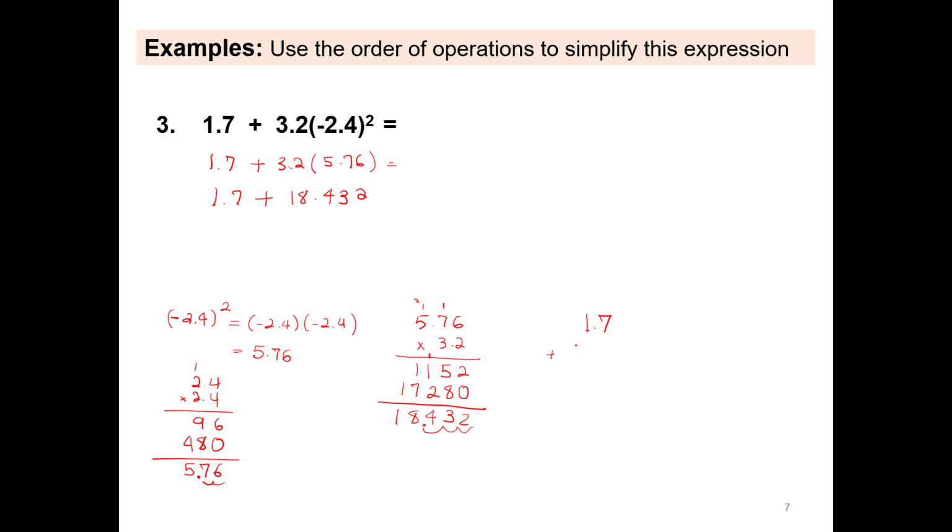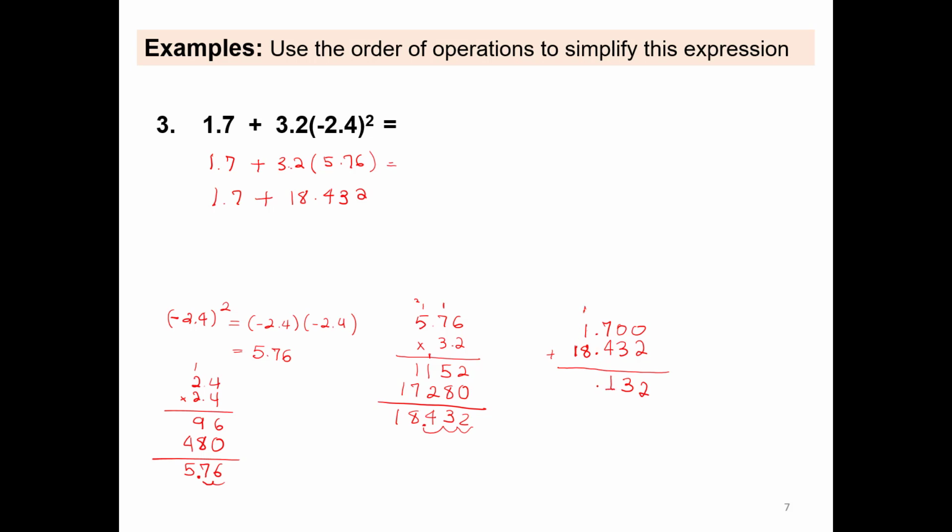and we need to align the decimal point, 18 point 432. Let me write this one better aligned as 1.7. And yes, we can write zeros. We want to avoid any confusion. And we add these numbers together: 7 plus 4 is 11. 1.